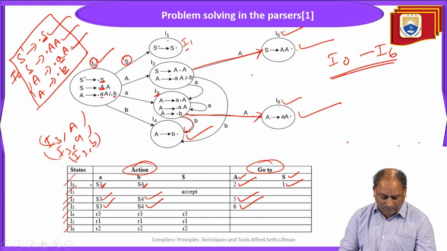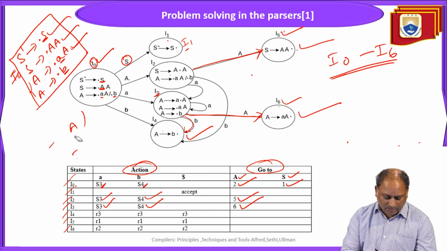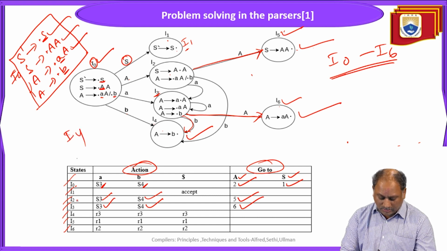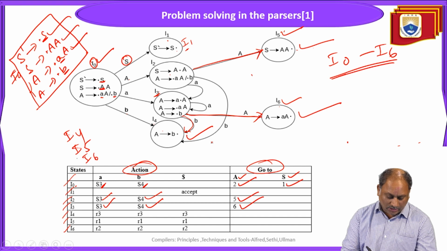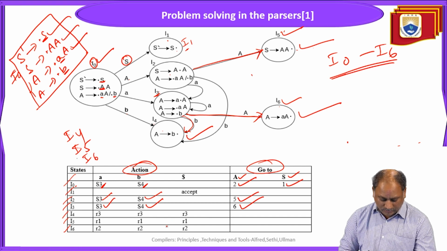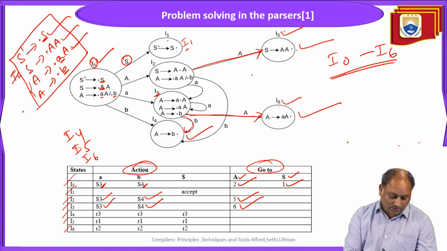Then I4, I5, I6, if you observe: I4 is a state which is completed, and after that there is no further move. I5 is also a completed state. I6 also reached the end. So these three can be written as reductions. What is the computation here? I4 is A derives b dot. So this is the reduction to be completed.